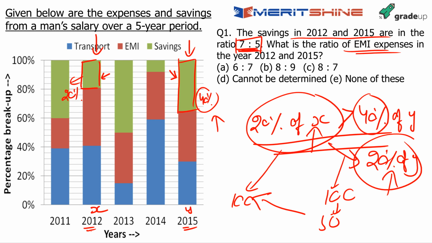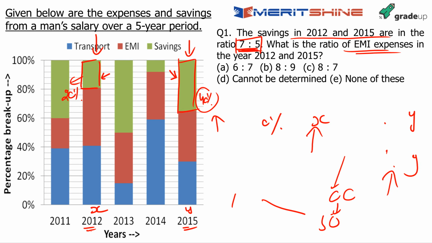If 20% of x is at least double of 20% of y, it means x has to be at least double of y. Can you arrive at this conclusion? If you can, it can be done very simply.